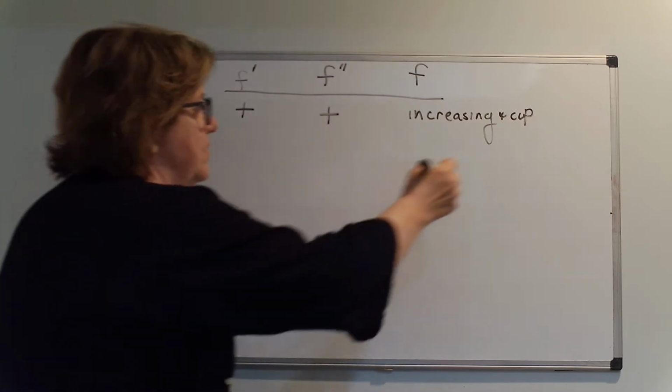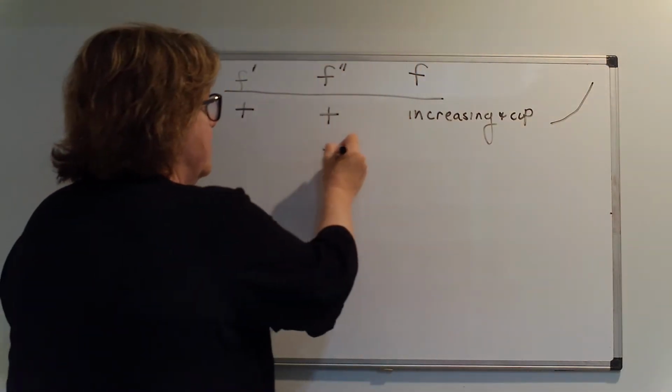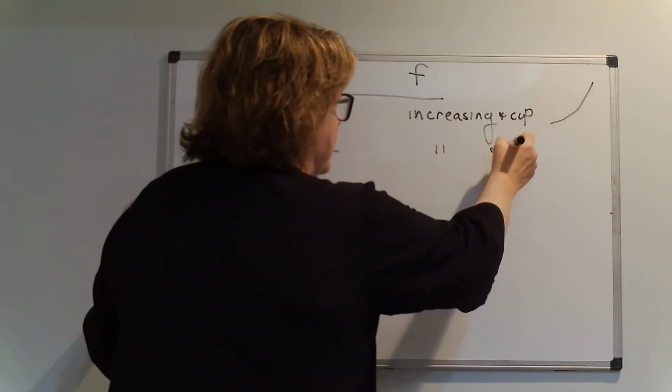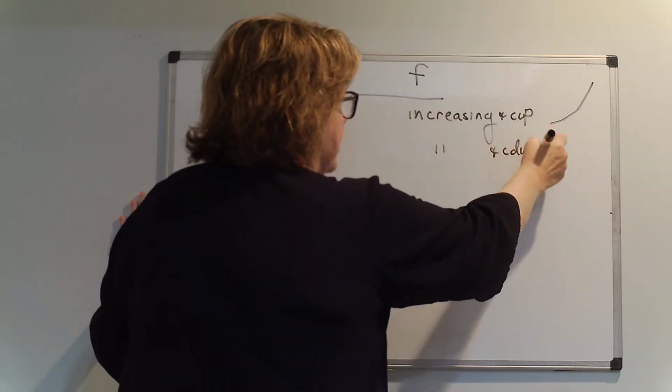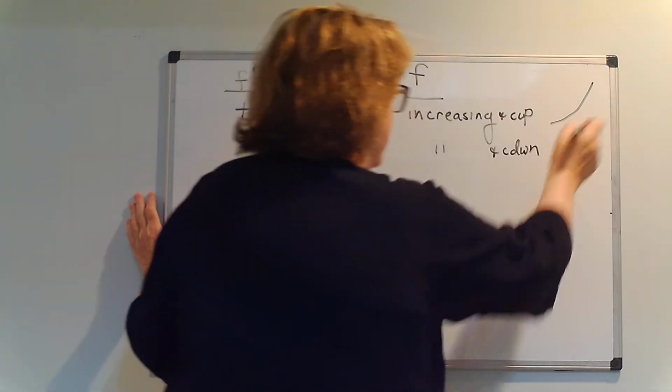So it's increasing and concave up, it's got to look like this. If the second derivative is negative, the function is still increasing but concave down, it would look like this.